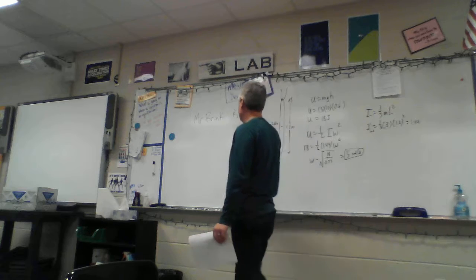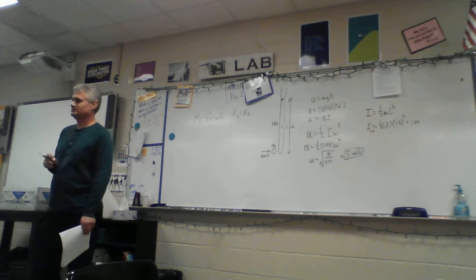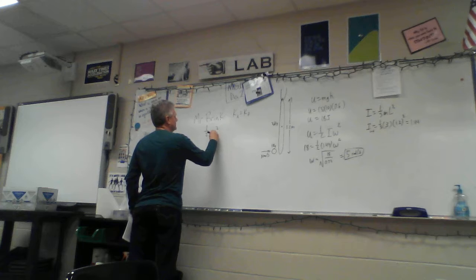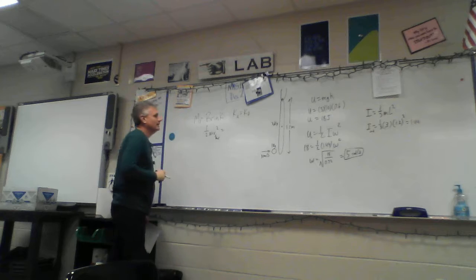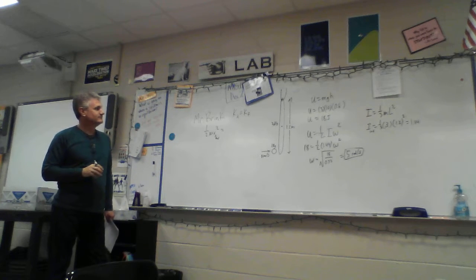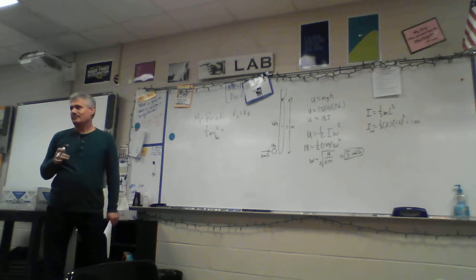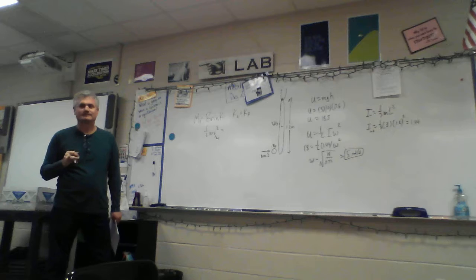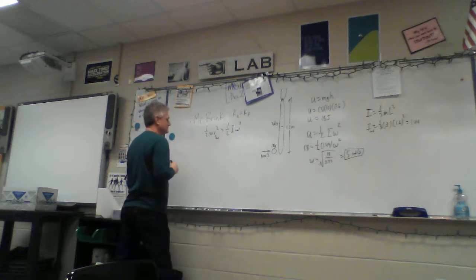So for the kinetic energy of the ball, which formula are you going to use? 1/2 mv squared or 1/2 I omega squared? 1/2 mv squared. That's initial for the ball. Alright, for the kinetic energy final of the rod, which kinetic energy formula are you going to use? Yes, 1/2 I omega squared. Or there's another way you can do that one because you already have it.